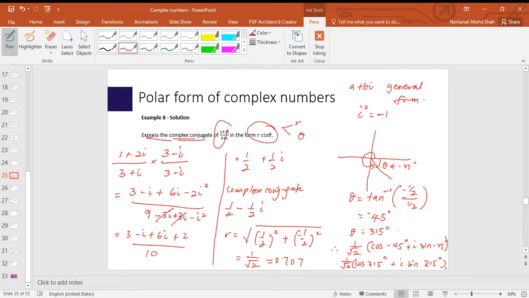Okay, that's all. Be careful when you get a question like this, because basically we want to express this complex conjugate, not the original complex number.